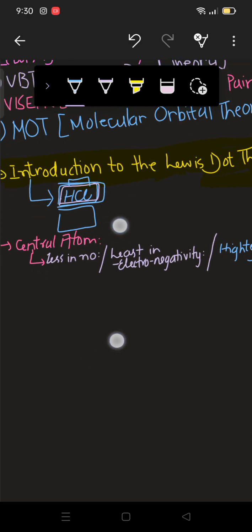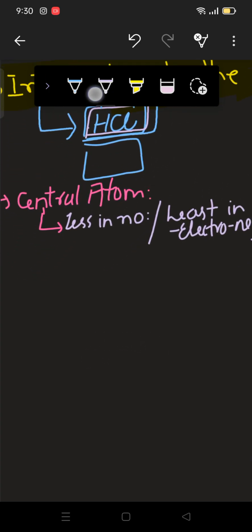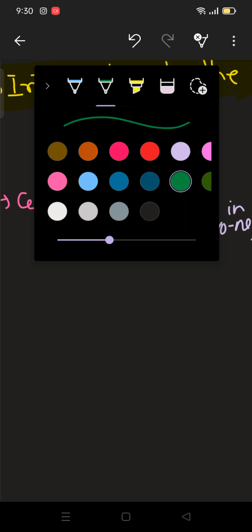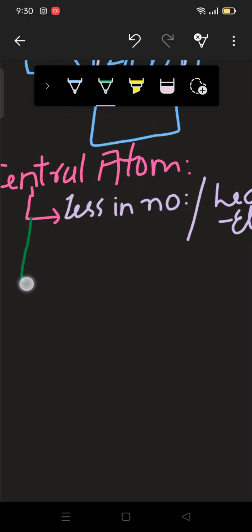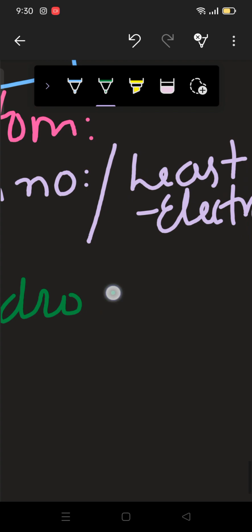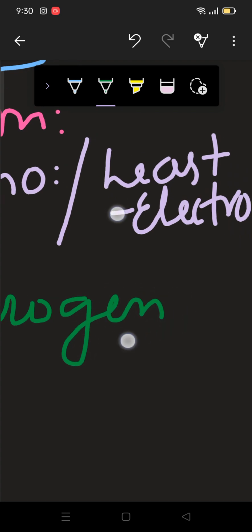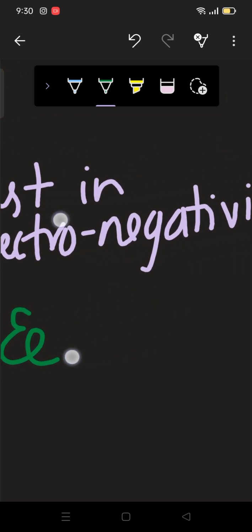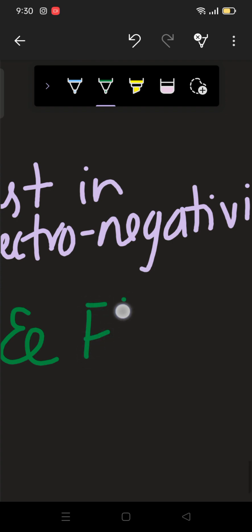Now, which atoms cannot be your central atom? Let's discuss that. There are two atoms which cannot be your central atom. The first one, hydrogen, and the second one, fluorine.